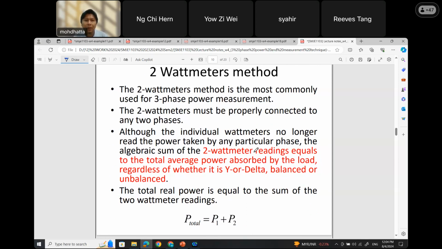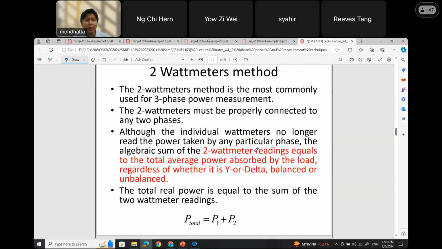So the obvious solution for that is to have 3 watt meters in order to measure the total information, the information of total power for our 3-phase system. However, that one is not very cost effective.